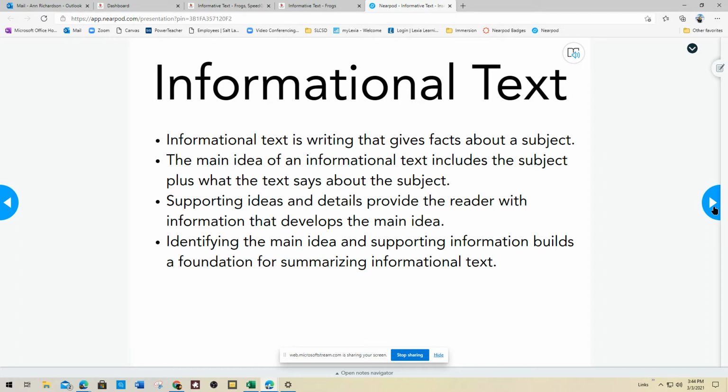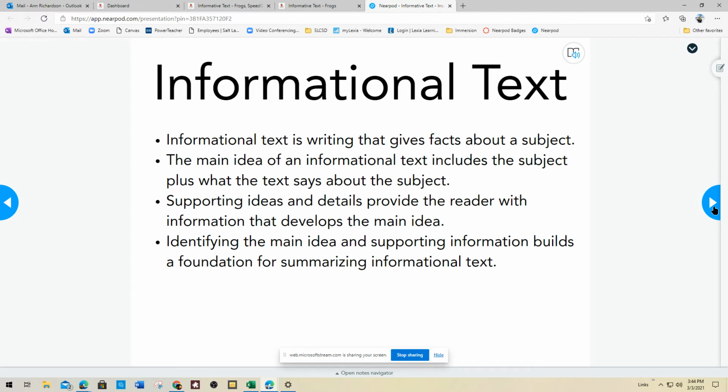All right. The next thing we're going to talk about is the main idea. It's usually a sentence. It includes the subject plus what you're going to cover about the subject. In an argument, that's usually the thesis statement. In an expository essay, it's usually going to be what you're going to cover in that text, right? Supporting ideas and details provide the reader with information that develops the main idea.